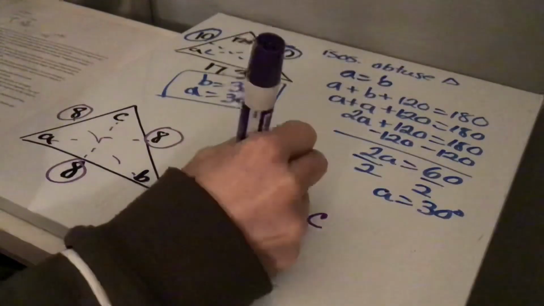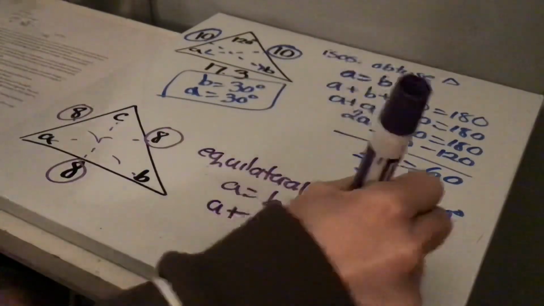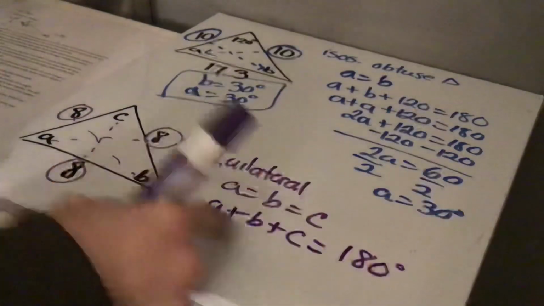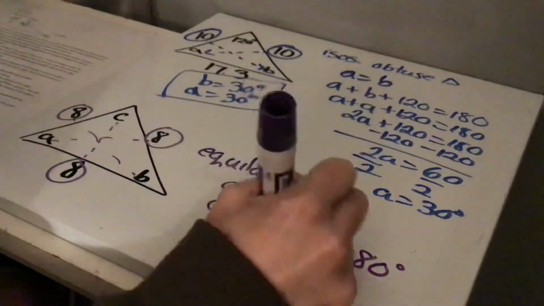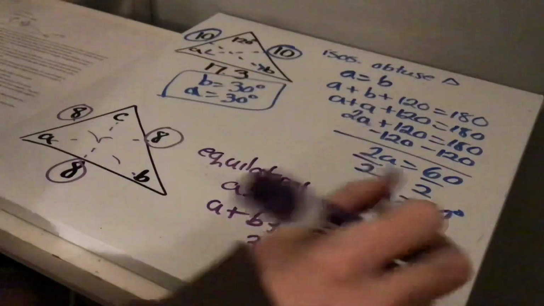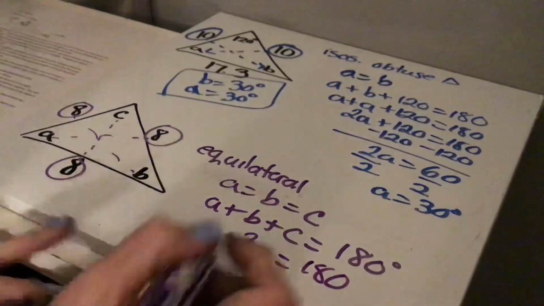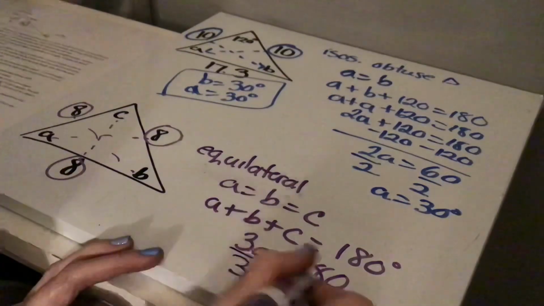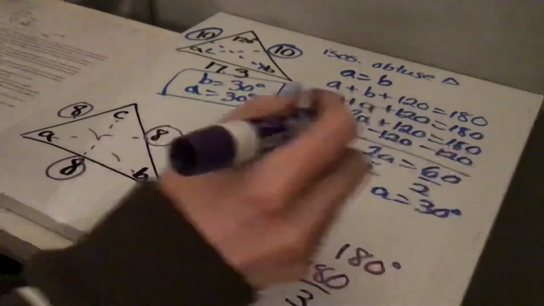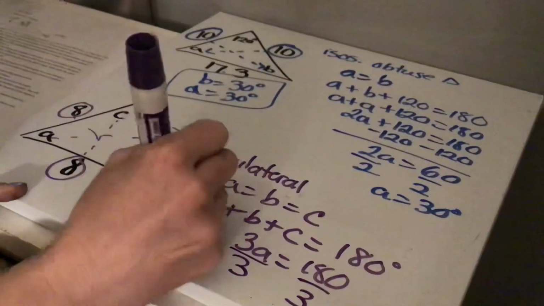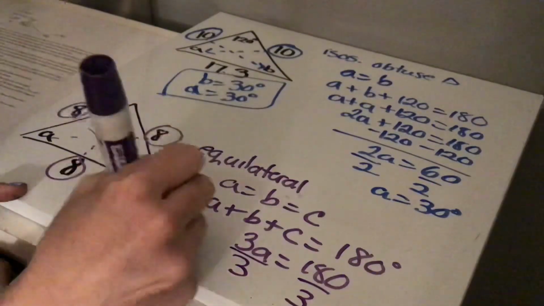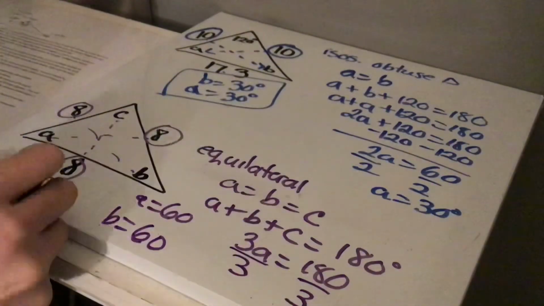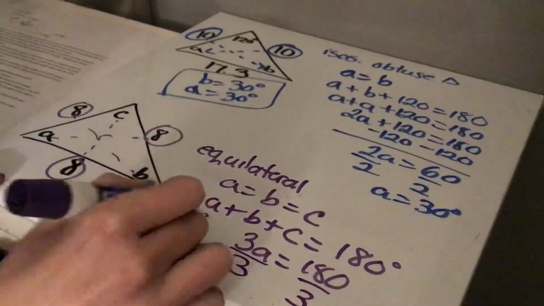Okay, so they also have to add up to 180 degrees, but they're all the same, so we can say that 3A equals 180, and then divide by 3. So A equals 60, B equals 60, and C equals 60.